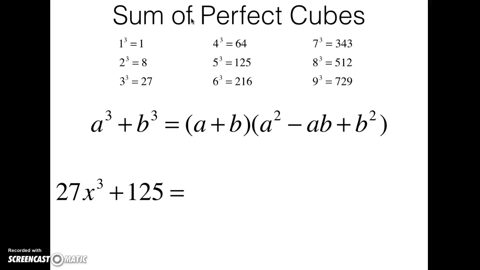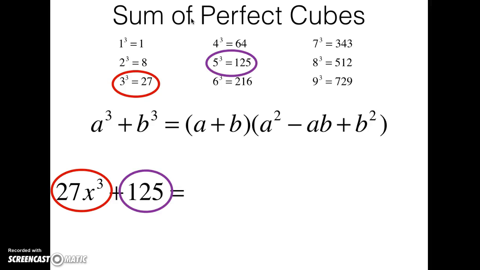In this example, we have 27x cubed plus 125. First thing we have is the 27 is the same thing as 3 raised to the third power, and 125 is the same thing as 5 raised to the third power. So anywhere we see an a, we're going to plug in 3x.